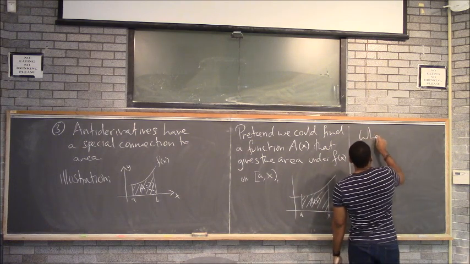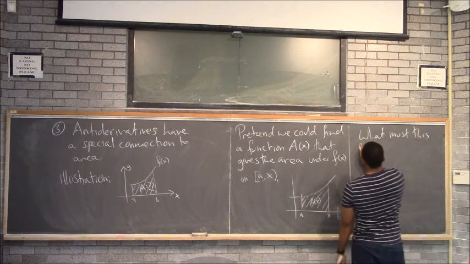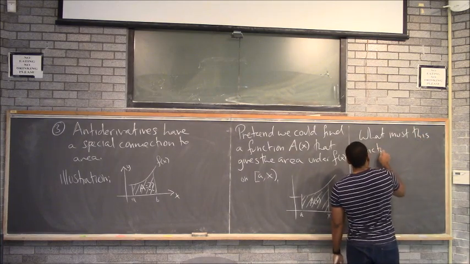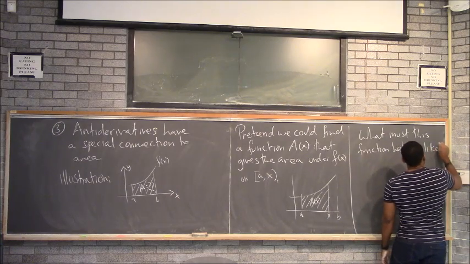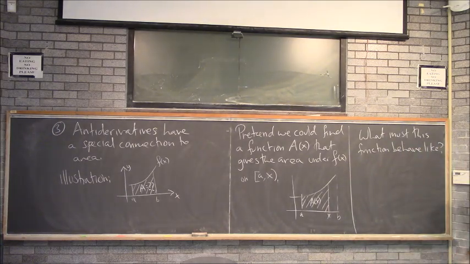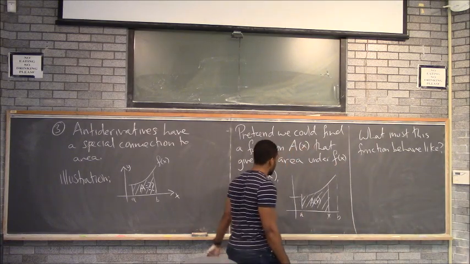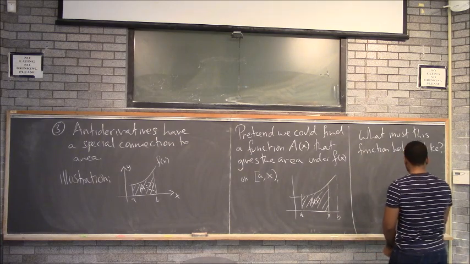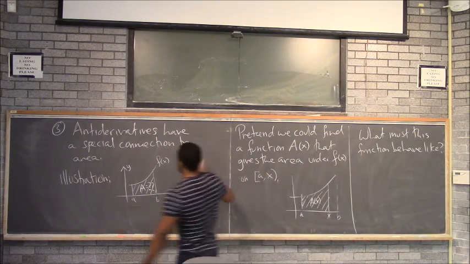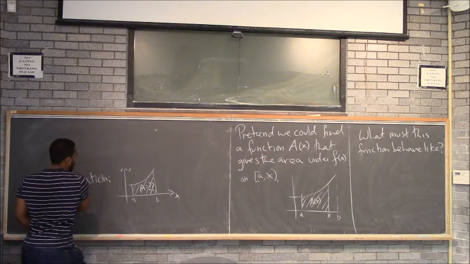What must this function behave like? Well, let's actually see what it must behave like. So here is something I'm going to set up to figure out how it must behave.